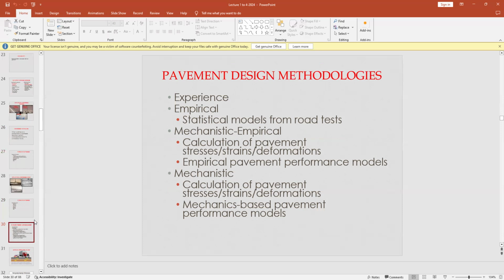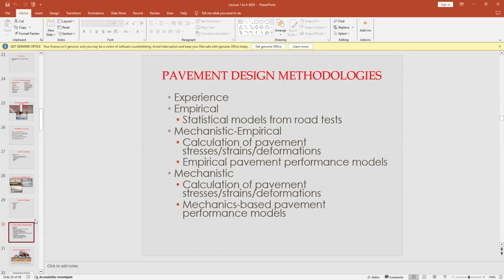So what about the pavement design methodologies? You can design a pavement as per your experience as well. You can do an empirical method, where you have found some parameters and tested some roads. And then you do mechanistic-empirical, in which you calculate stresses and strains on an already designed road.